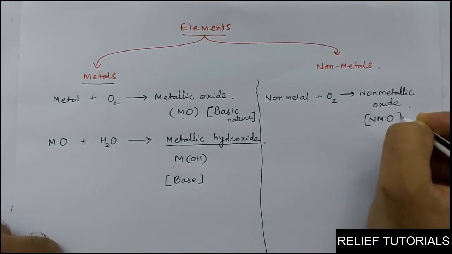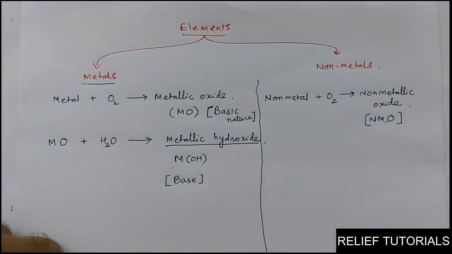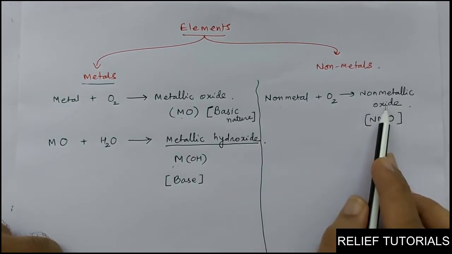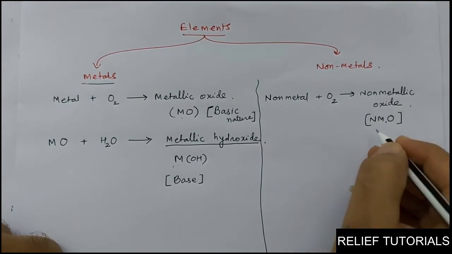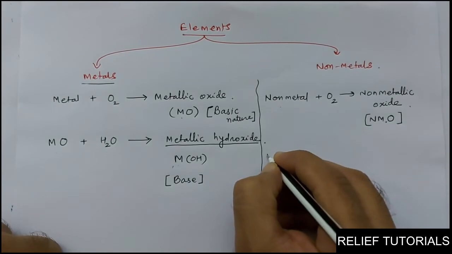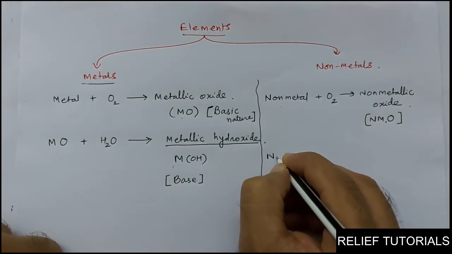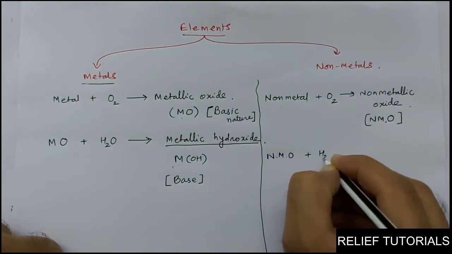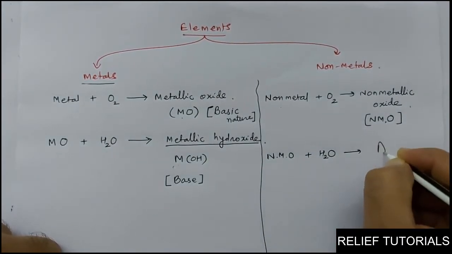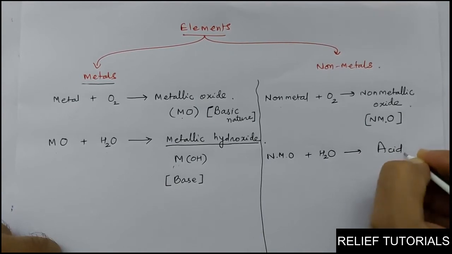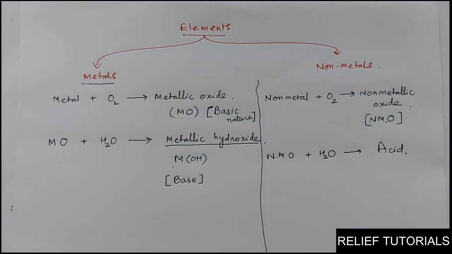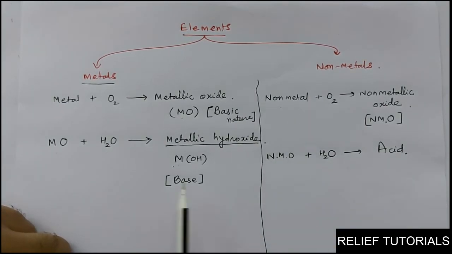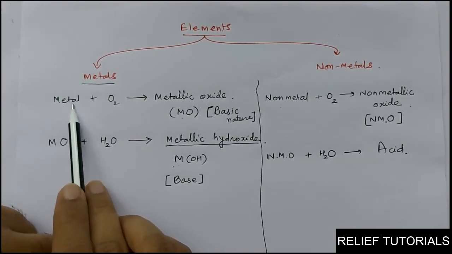NM stands for non-metal. These non-metallic oxides, when dissolved in water, form acids. So acids are formed from non-metals and bases are normally formed from metals.